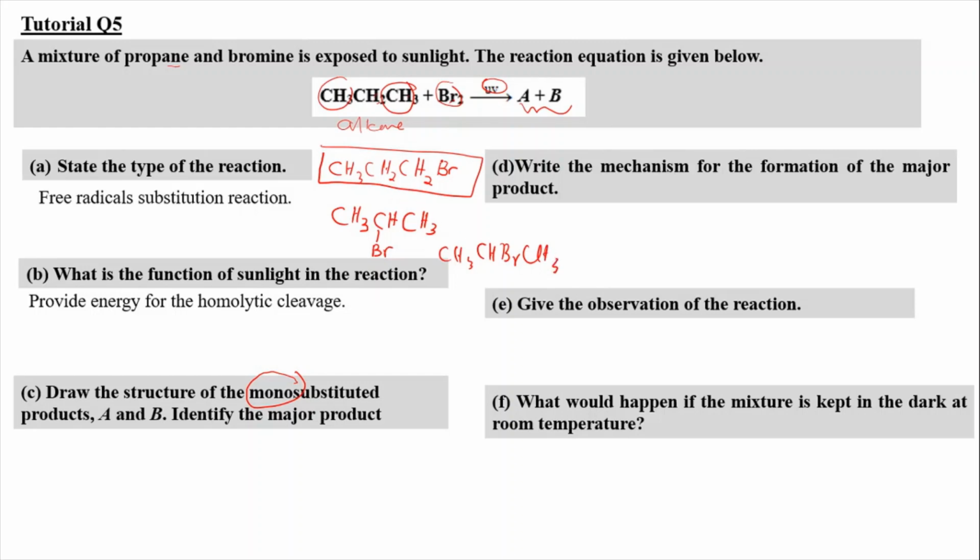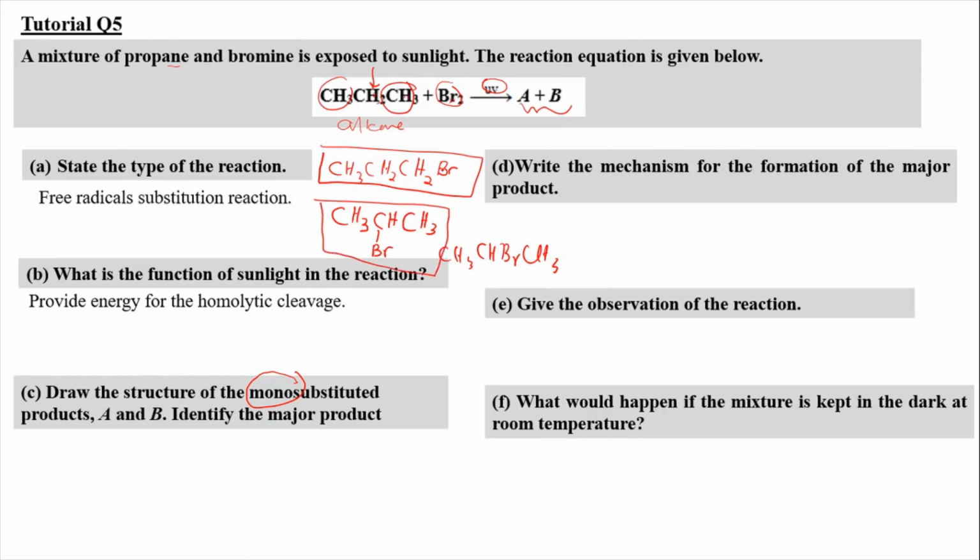So you know that the bromine can substitute the hydrogen here, or you can substitute the hydrogen in the middle. Okay, so bromo maksudnya satu, so hanya satu hydrogen yang akan digantikan.